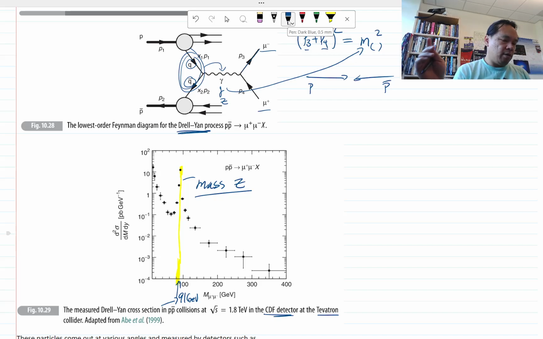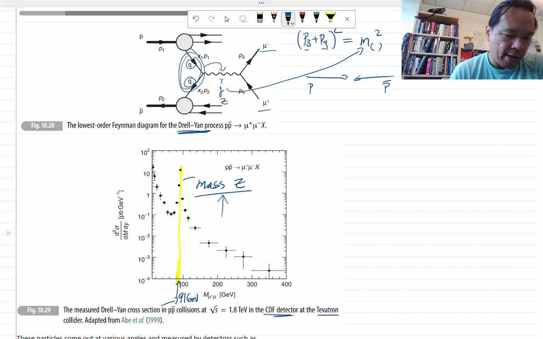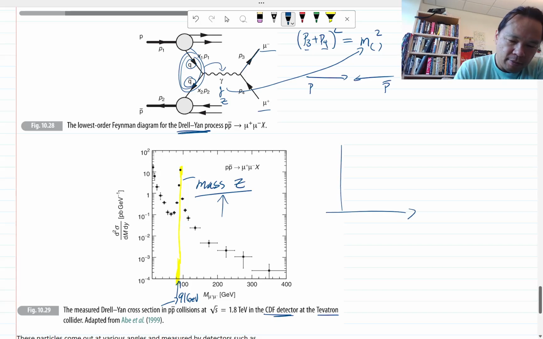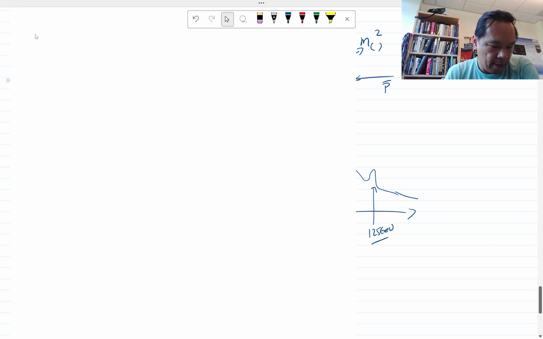But if you calculate any Lorentz invariant variables, it doesn't matter if it's going to the left or to the right. You always have the same value. And the mass is one of the best things to search for. In fact, if you fast forward about 20 years, there was another particle found at 125 GeV, and that's the Higgs boson.